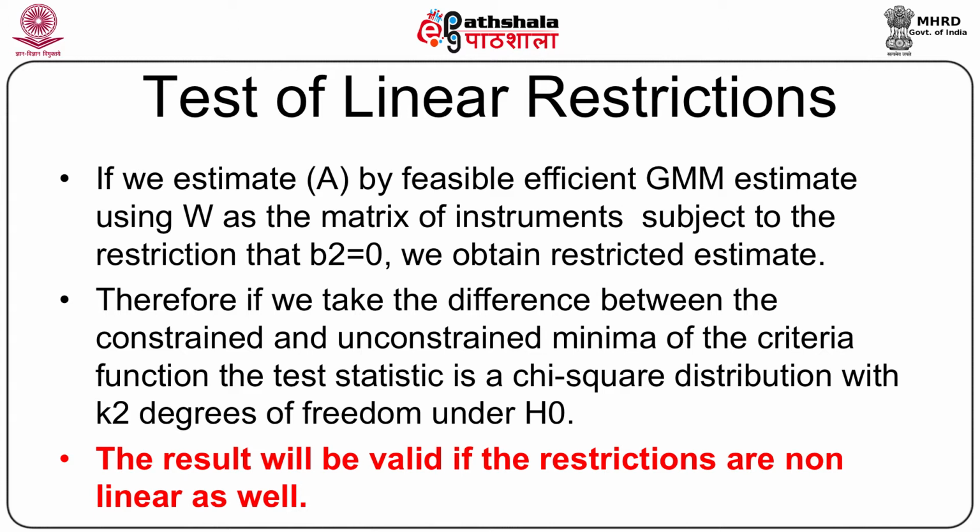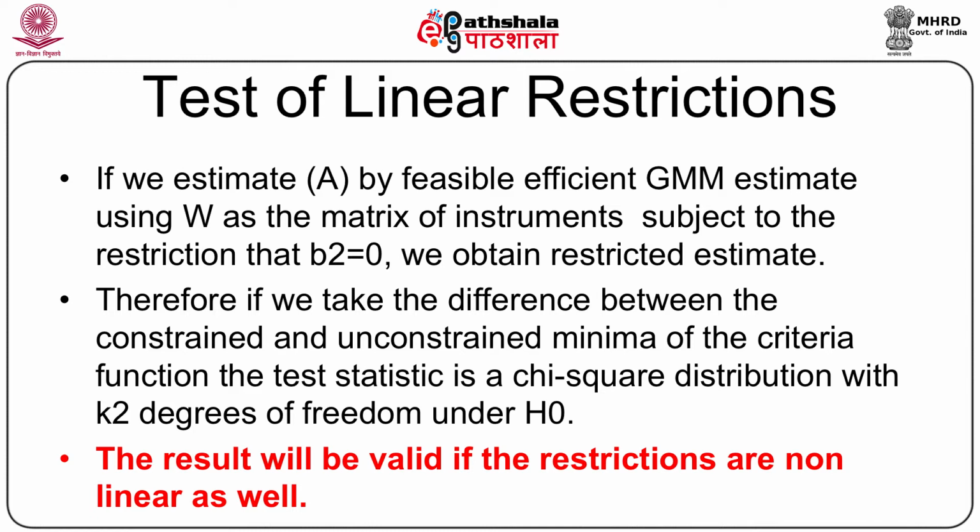If we estimate the expression by feasible GMM estimator using W as a weighting matrix, or matrix of instruments, subject to the restriction b2 = 0, we obtain the restricted estimate. Therefore, if you take the difference between the constrained and unconstrained minima of the criteria function, the test statistic has a chi-square distribution with k2 degrees of freedom under the null hypothesis H0.